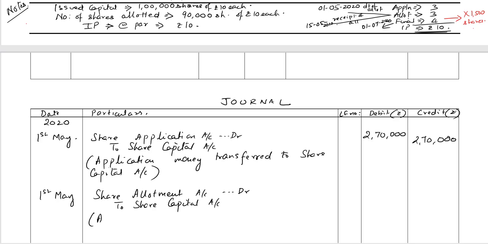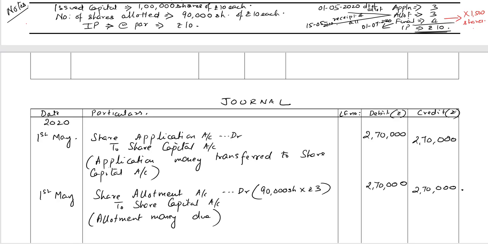For allotment money due, amount 90,000 shares multiplied by rupees 3 per share, 2,70,000 rupees.